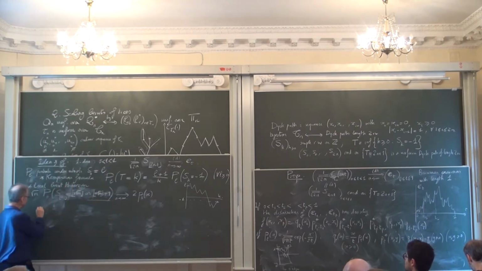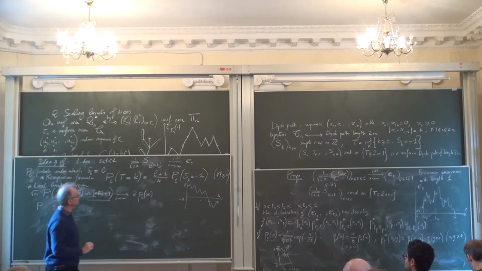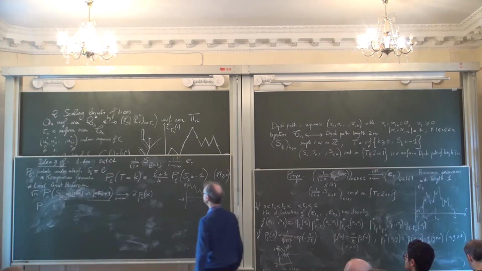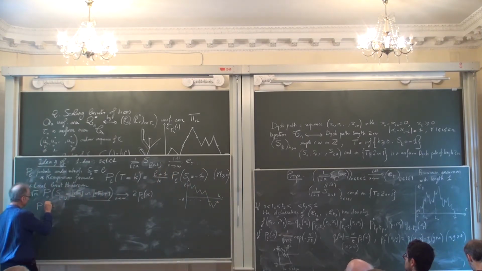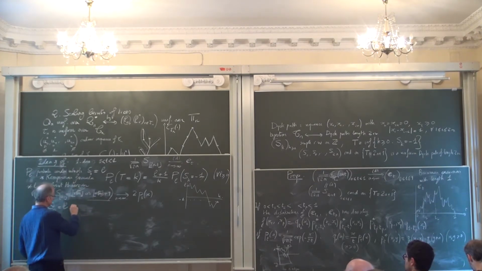And now what I'm saying, I want to understand this convergence. So I want to understand the probability that Sk is equal to L, knowing that T is equal to n+1.